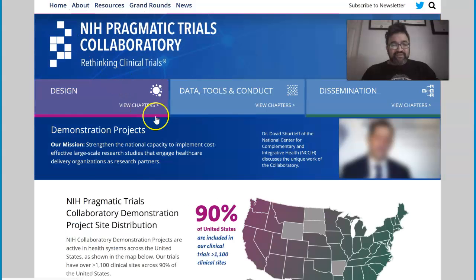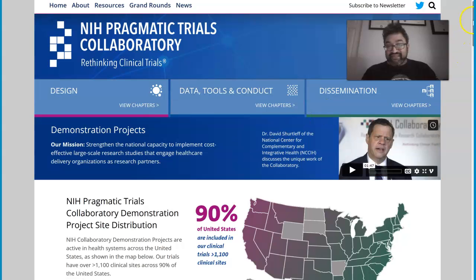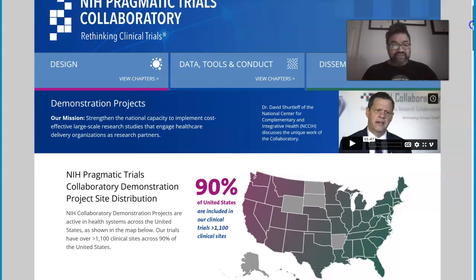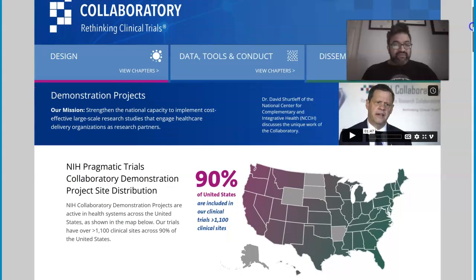But here's some demonstration projects. There's a lot of case studies in here. There's a lot of different things included in here. So what I'm saying is that the mission is strengthening national capacity to implement cost-effective, large-scale research studies that engage healthcare delivery organizations as research partners.